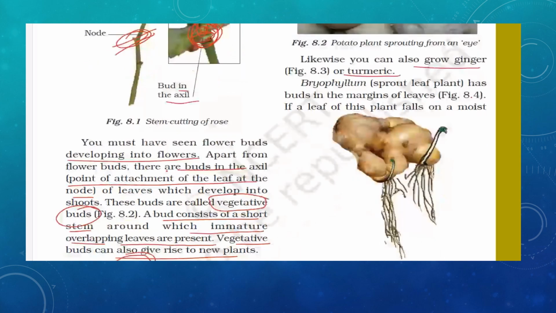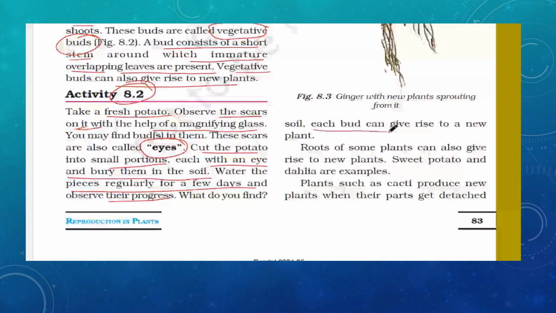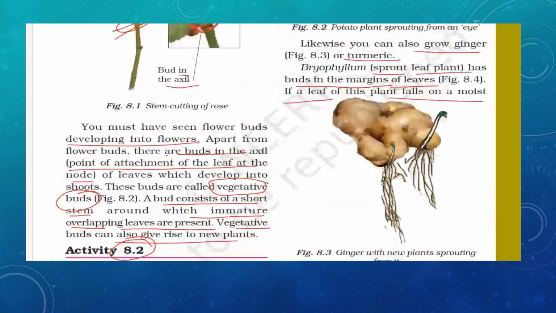Okay, so Bryophyllum, a sprout leaf plant, has buds in the margins of the leaf, and if the leaf of the plant falls on moist soil, each bud can give rise to a new plant. Okay, so this is the ginger plant. With ginger also you can see new plants sprouting from it, from the eye part; new plants will come out. So they are sprouting from this plant.